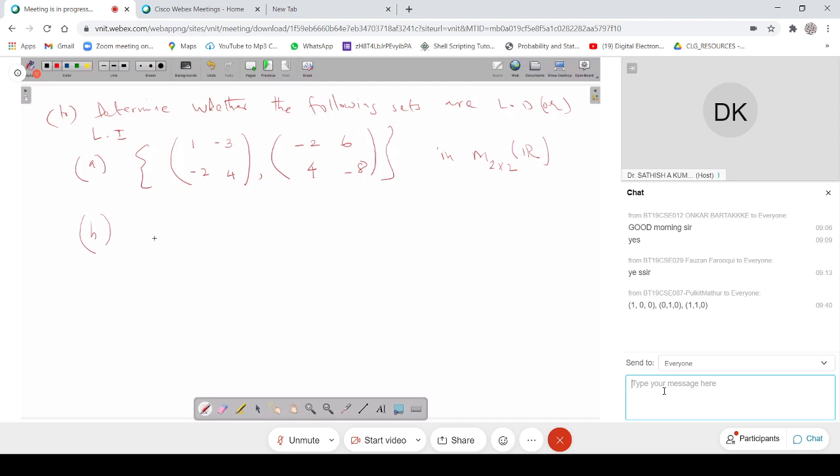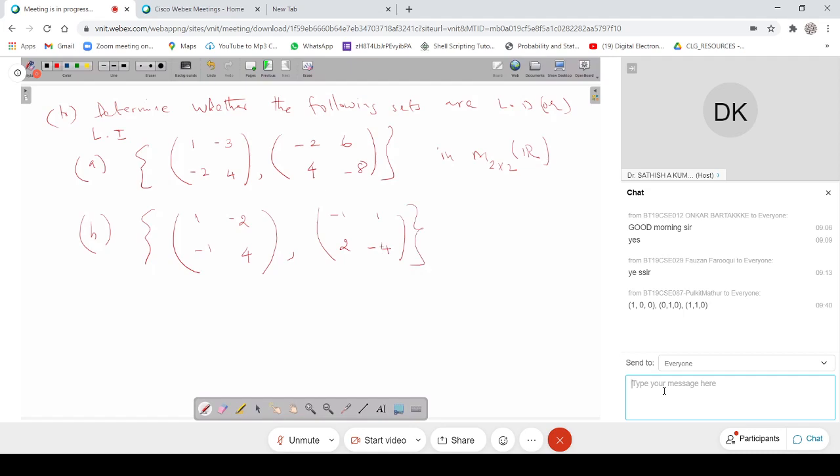Again, one can see that it can happen that some of them are independent or some of them are dependent. So we'll give a different example also, and change the entries now. Here it is 1 minus 2, minus 1 4, 1 minus 2, minus 1 4, and then minus 1 1, and 2 minus 4.